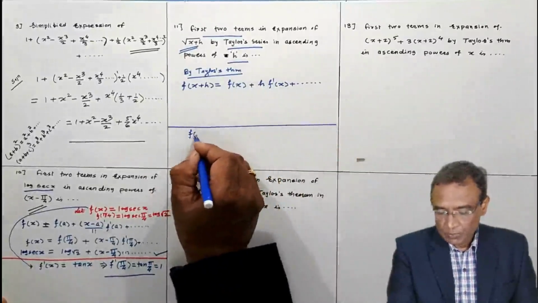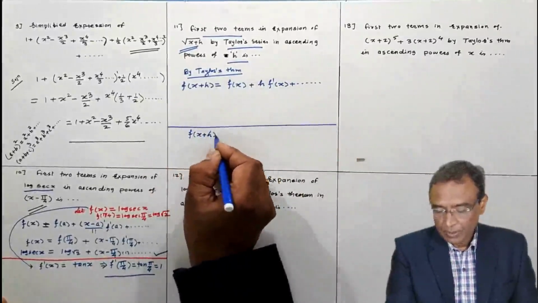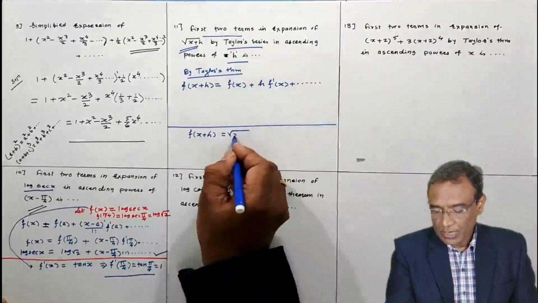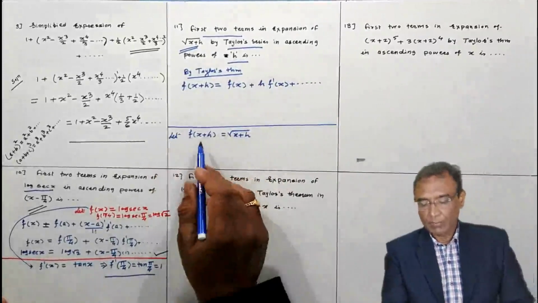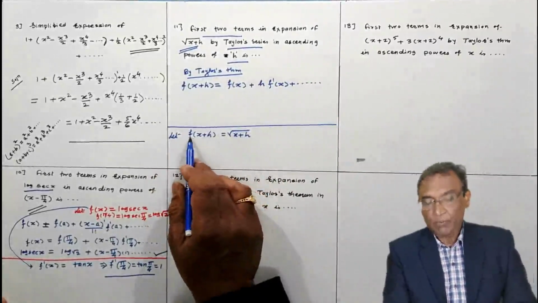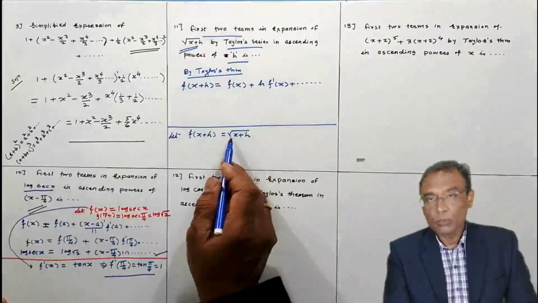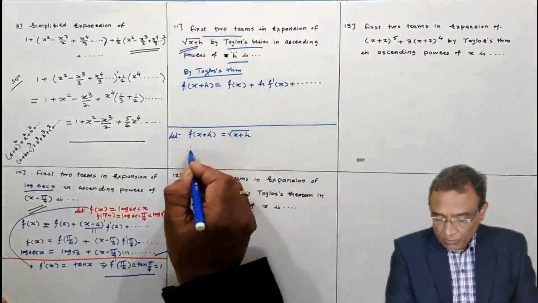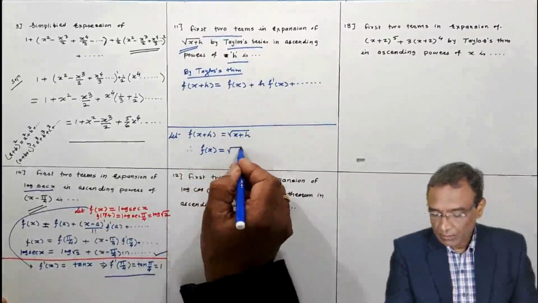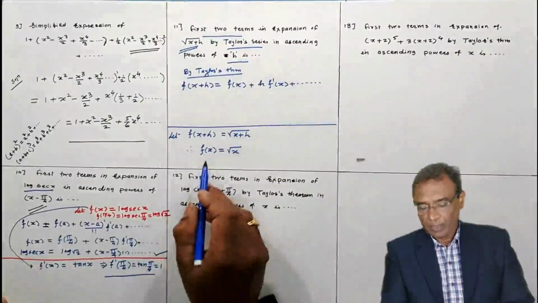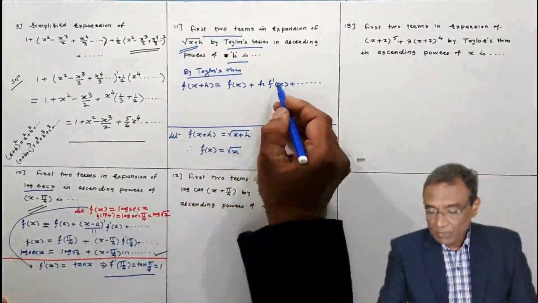See, f of x plus h is root of x plus h. Remember, this is the f of x plus h function. Therefore, f of x will be what? Just remove h from both sides. f of x is root x. And what is required? f dash x.